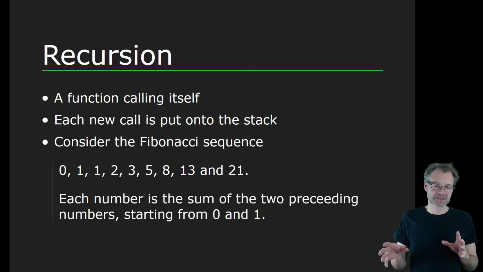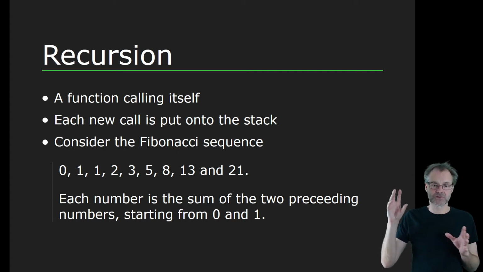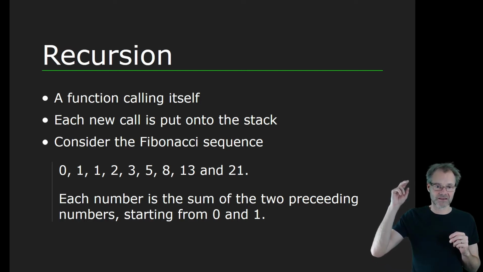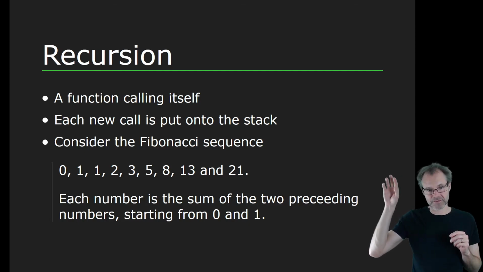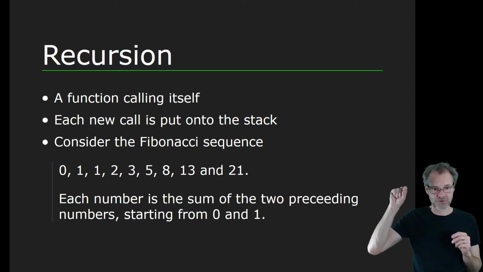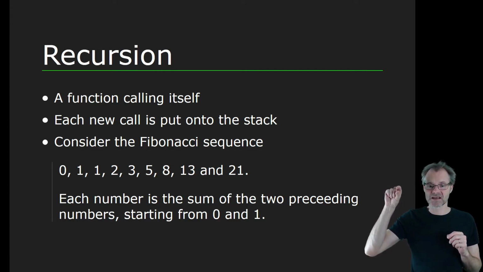So if the series starts on 0 and 1, the first two numbers are given. Then I take the third number, and that is a 1. That should be the sum of the two preceding numbers, 1 plus 0 equals 1.